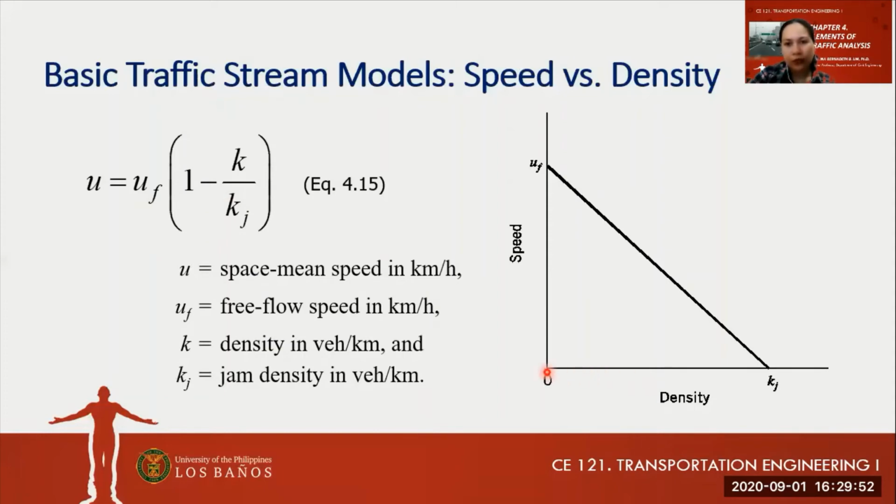So take note that during the free flow speed, the density is 0. And while the density is becoming closer to the jam density, the speed also decreases. They have this linear relationship.